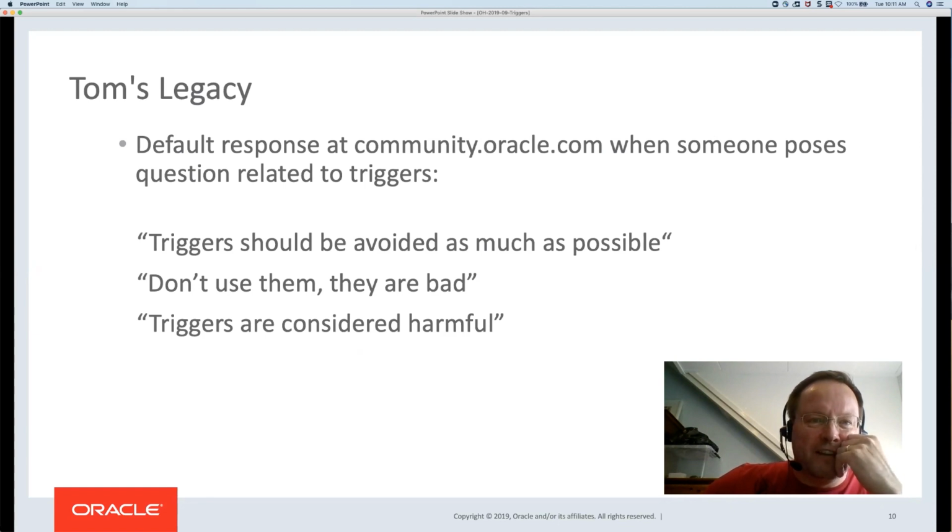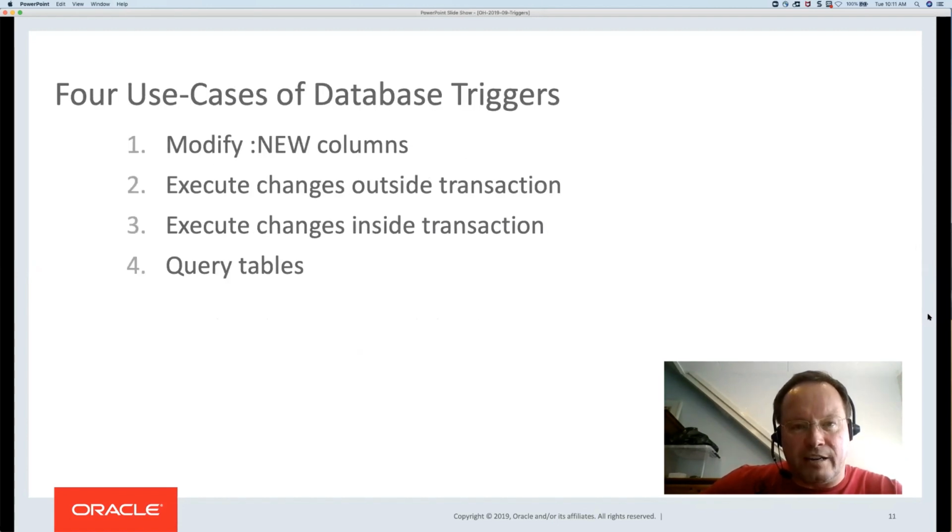Okay. So let me just, and I have now just 4 slides, give a more objective view on this whole trigger area. What I've seen as the main use cases for database triggers, and I'm sure you will recognize them, is one, modify new columns, typically in row insert triggers. I'll have a slide on that after this. Two, execute changes outside the transaction. I'll explain that also in a minute.